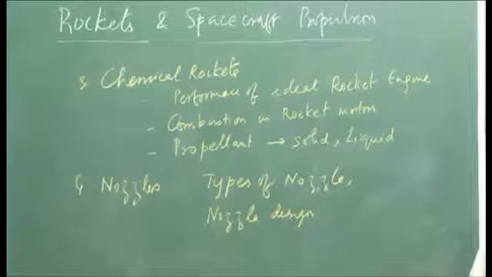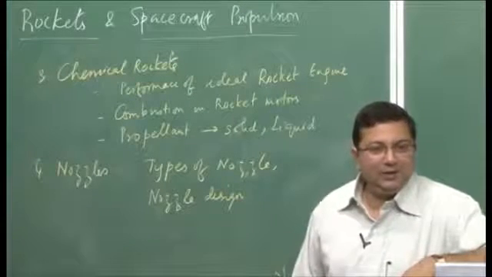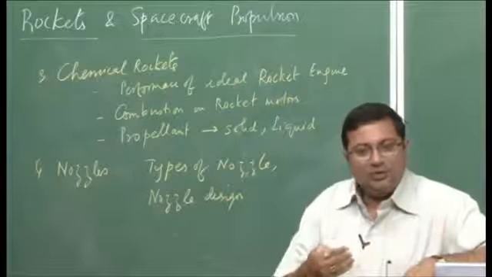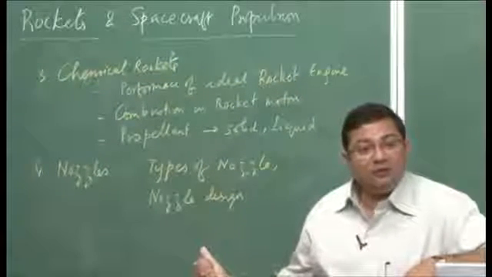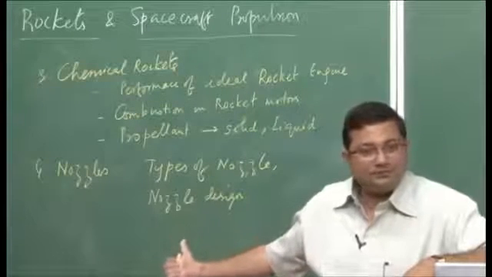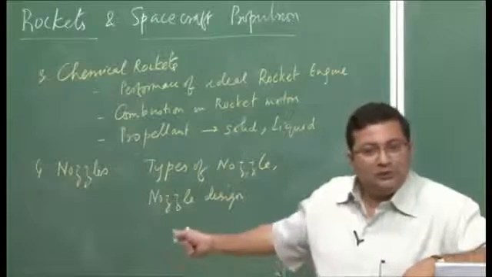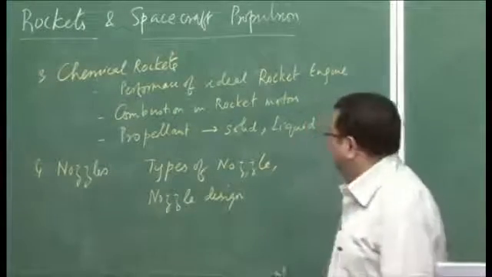If there are a lot of losses in the nozzle, we will not be able to produce enough thrust to fly a vehicle. Actually, what I am going to discuss today in the history, we will see that one of the major inventions which allowed rocket flight was the nozzle design. Okay. So, therefore, the nozzle is a very important component of rocket propulsion.